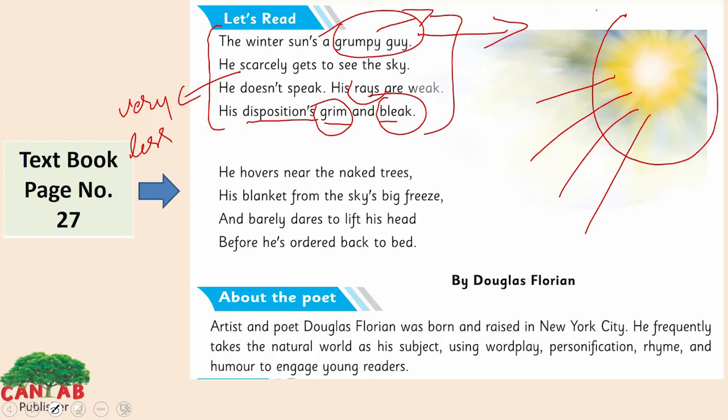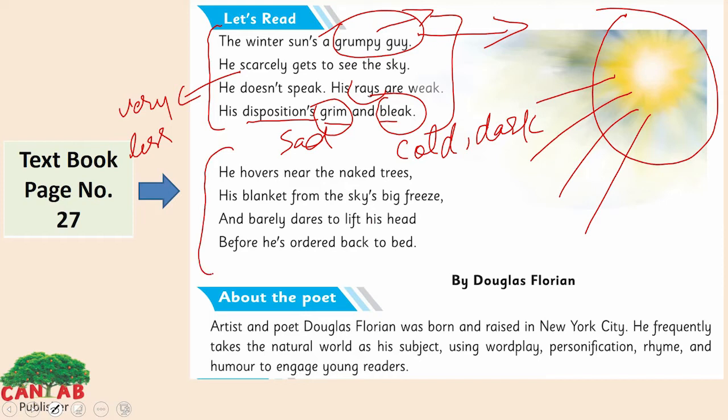The sun is an inanimate object here and cannot be angry, but we use personification in this poem to make it interesting. In the winter season, the sun looks like an angry guy, he scarcely gets to see the sky, he doesn't speak, his rays are weak, and his disposition and look is grim, sad, bleak, cold and dark.